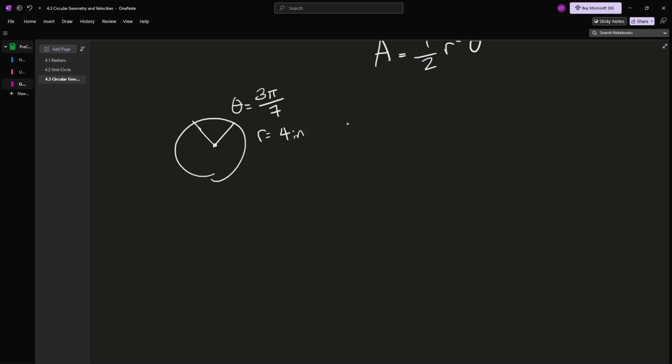So to find the arc length, we make our formula. I like writing my formula first, to get used to slowly memorizing it. Even though it's provided for me, I think memorizing it is still pretty helpful. So my arc length is equal to 3 pi over 7 times 4 inches. And for the most part in this class, I'll always ask you to leave it in terms of pi. So my arc length is 12 pi over 7 inches.